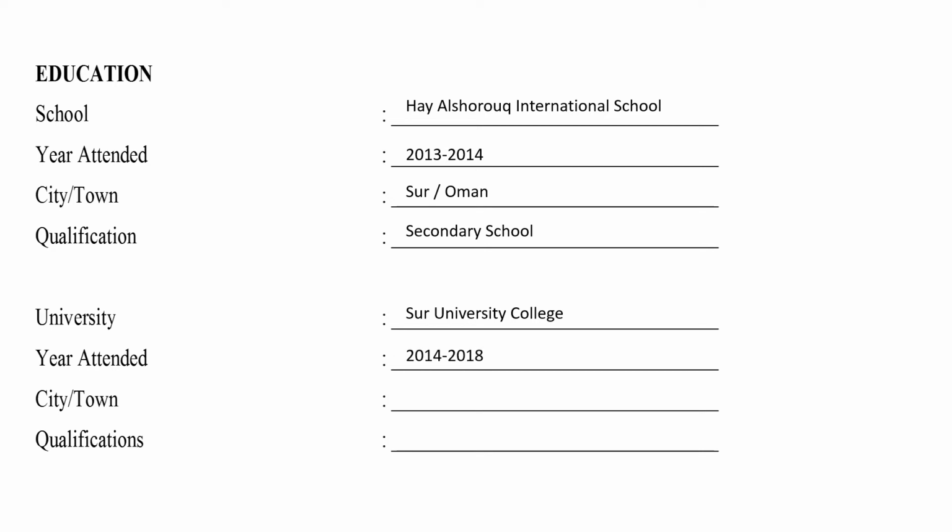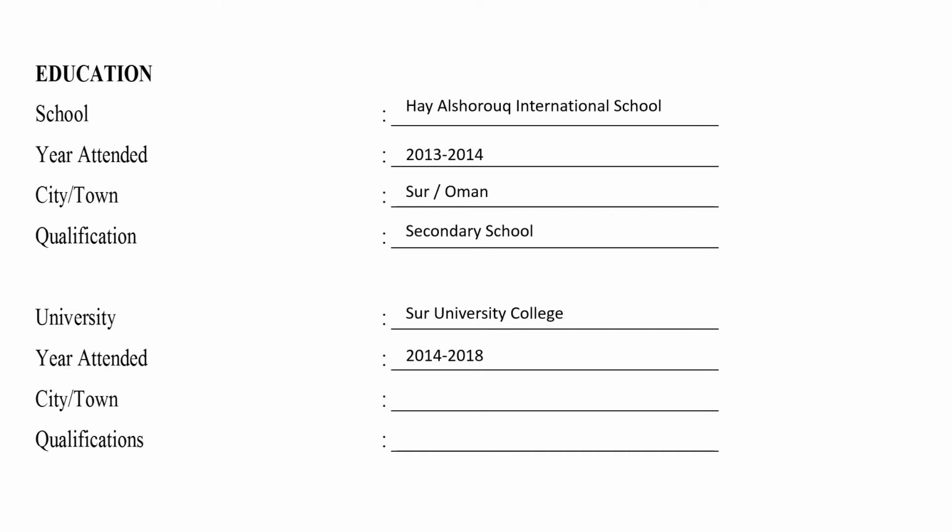Here you have to notice something. The year attended in school, 13-14. University, 14 to 18. So remember, 14-14. It should be the same year, or a year after, but not before. So don't say Sur University College attended from 2010 to 12. Is that before school?